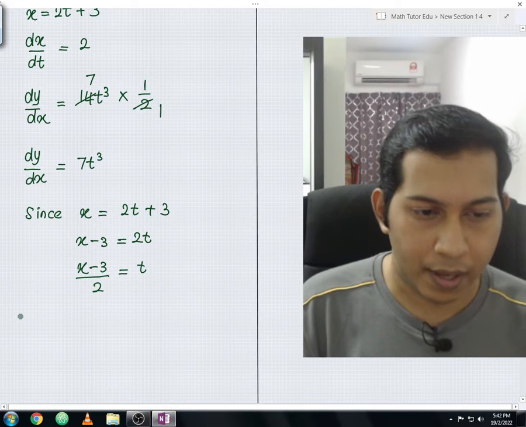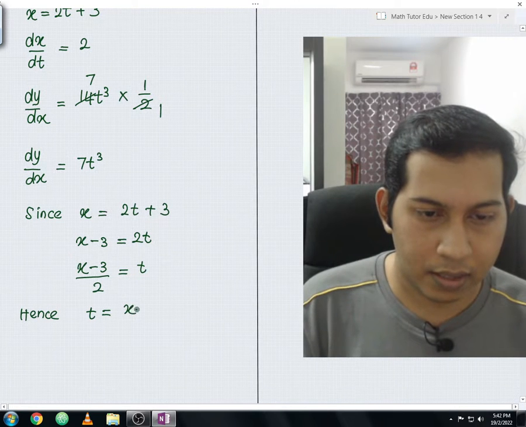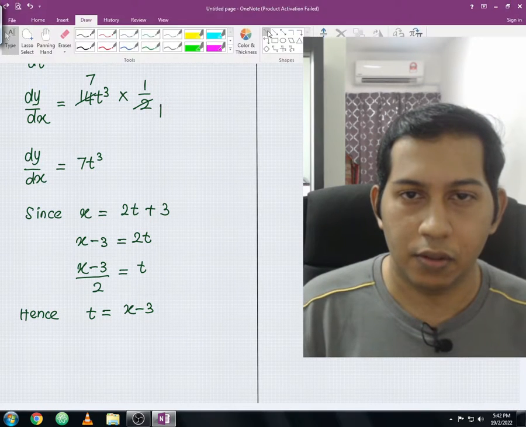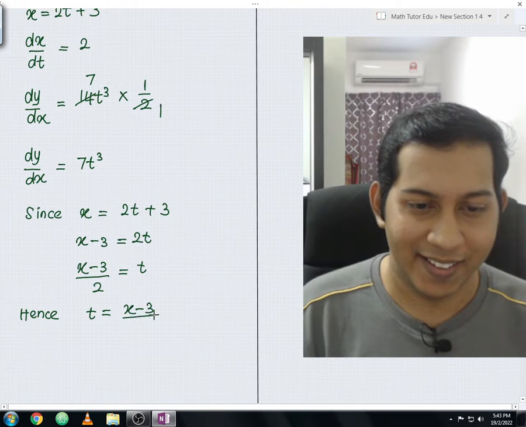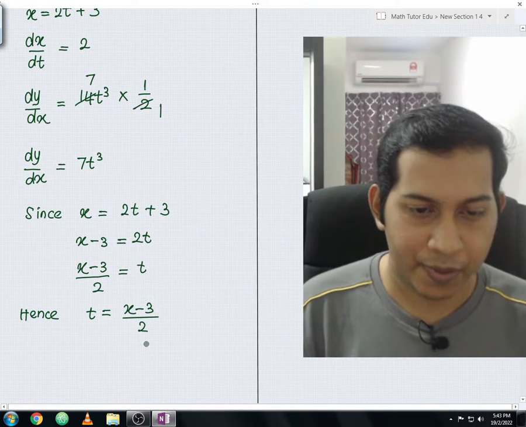Okay, so hence t equals x minus 3 over 2. The fraction line is so horrible, so let me draw a better one.